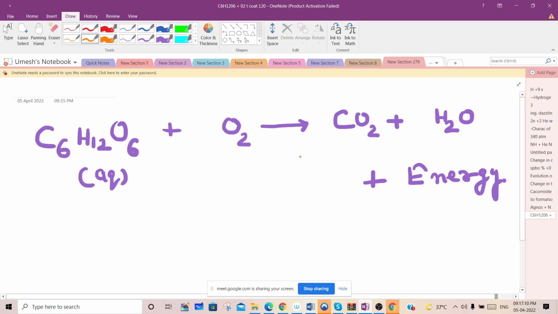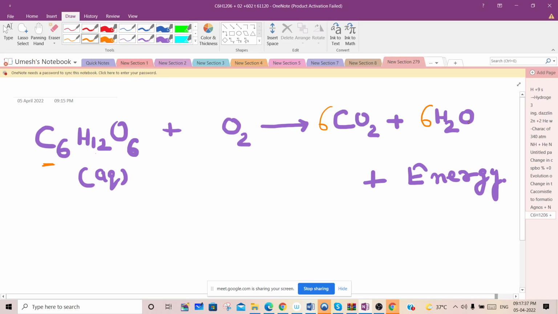Sir, 3CO2 plus 6H2O. If I say 6 CO2, because I have 6 carbon on this side, so I can make it 6 this way. I have 12 hydrogen, make it 6 here so that I can get 12 hydrogen this way. Now I have 12 plus 6, 18.